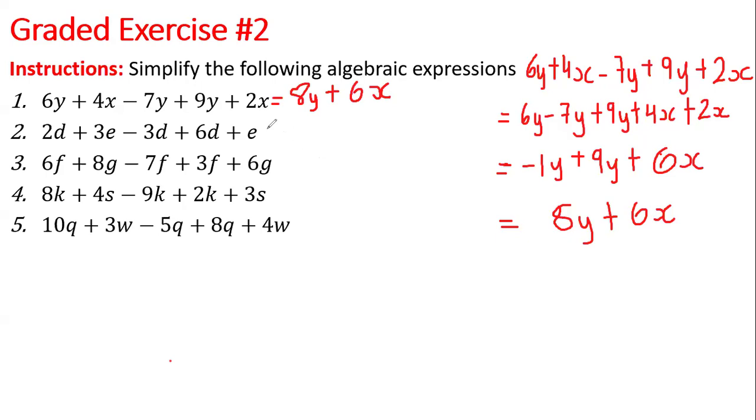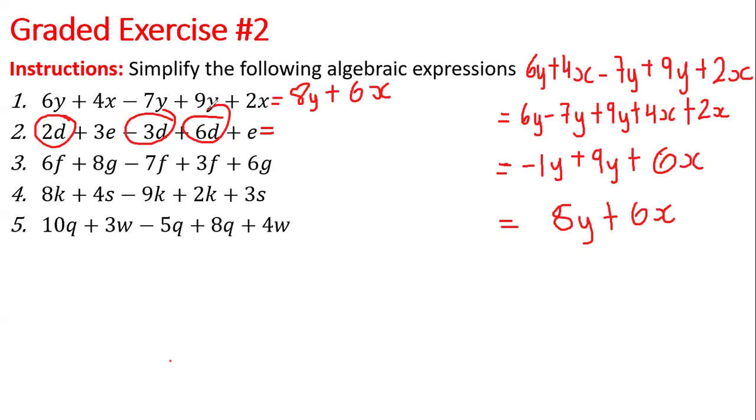Number 2, what y'all have for number 2? 5D plus 4E. All right, let's look at the D's. We have 2D, negative 2D, negative 3D, and 6D. So if we do them together, that's 2 plus negative 2, negative 3, and 6.